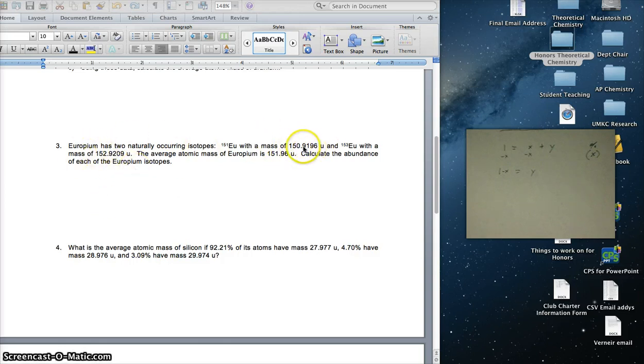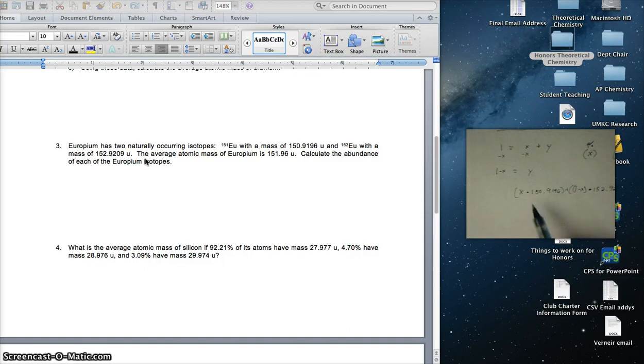Europium-151 has a mass of 150.9196. Well, all right, so we got our first percent. We're going to go ahead and call it x. We're going to take that times, using our formula from yesterday, our abundance times the mass, in this case 150.9196. And we're going to add to that our second abundance, in this case 1 minus x, times its mass, which from the problem was 152.9209.